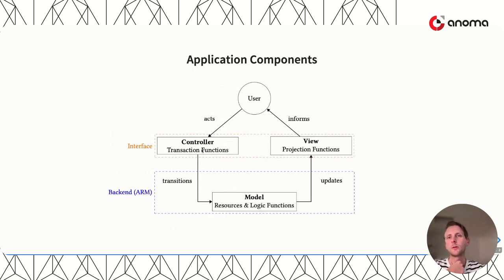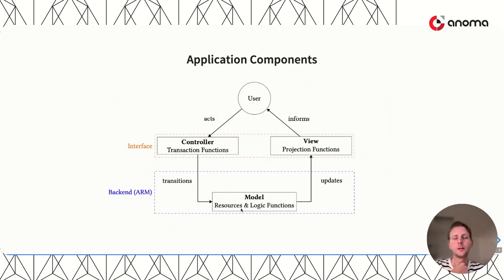And we have a controller component that allows the user to create transactions, to do state transitions. So let's look at this full cycle. And obviously this is the model view controller design pattern for user interfaces that we see here.